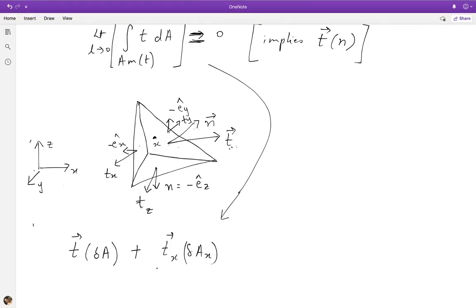Oh, I'm sorry, I missed out a crucial point here. You see this vector Tx, which I've written as Tx, is not the surface force acting on this plane. So what is the definition of Tx?